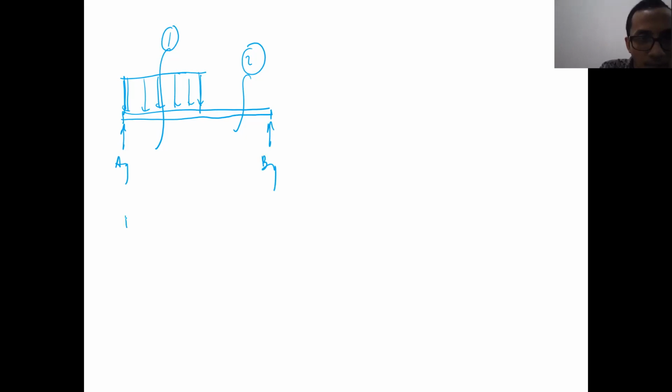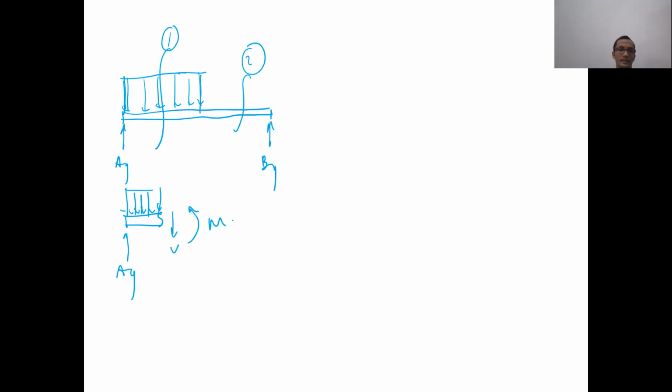So for example, if we have a beam like this and we have a distributed force like this, right? Okay, then we have Ay, and then we have V and M. Something like that, right, sir? Your question is how to find M, right? Yes.